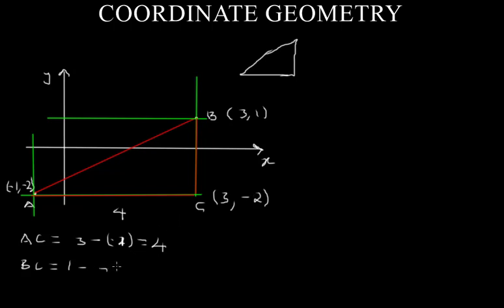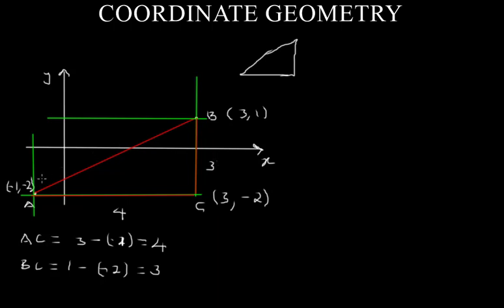So 1 minus -2 gives us 3. So this distance BC is 3 units. And so this has just made our work really easy.